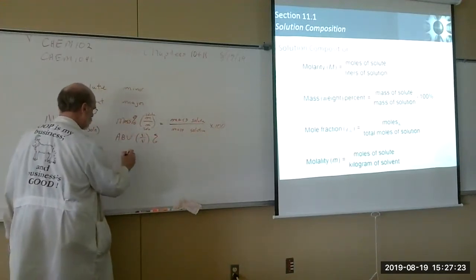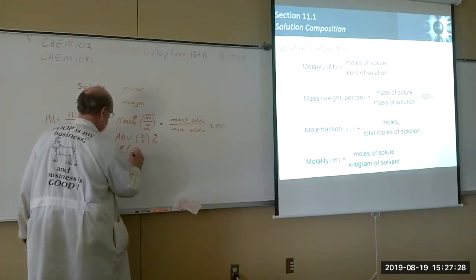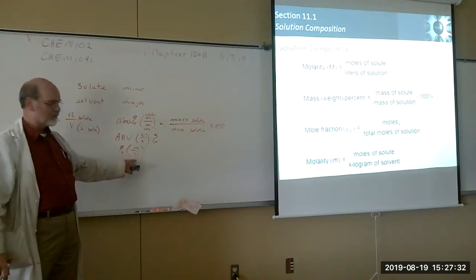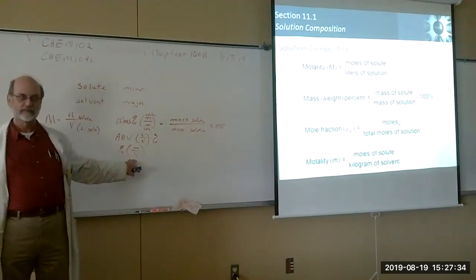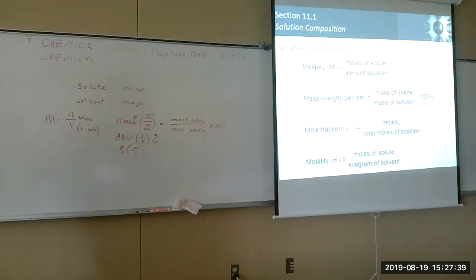But you can also have percent mass volume. So the mass of the solute, but then the volume of the final solution. Right? So that's the trouble with percent. You have to specify whether it's mass or volume of each component.